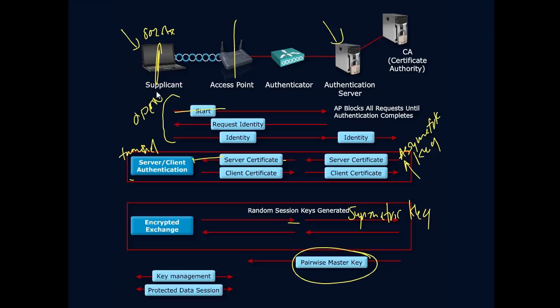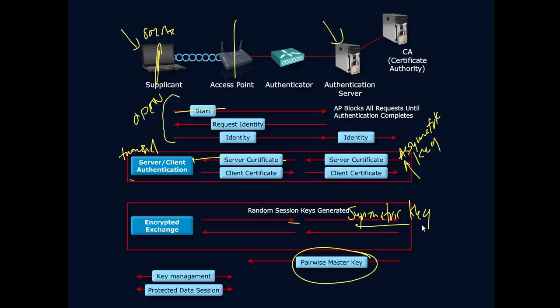So what we're going to do is use asymmetric keys to establish authentication. Once we establish authentication, we'll again use those asymmetric keys to send out a symmetric key, or session key, randomly generated.